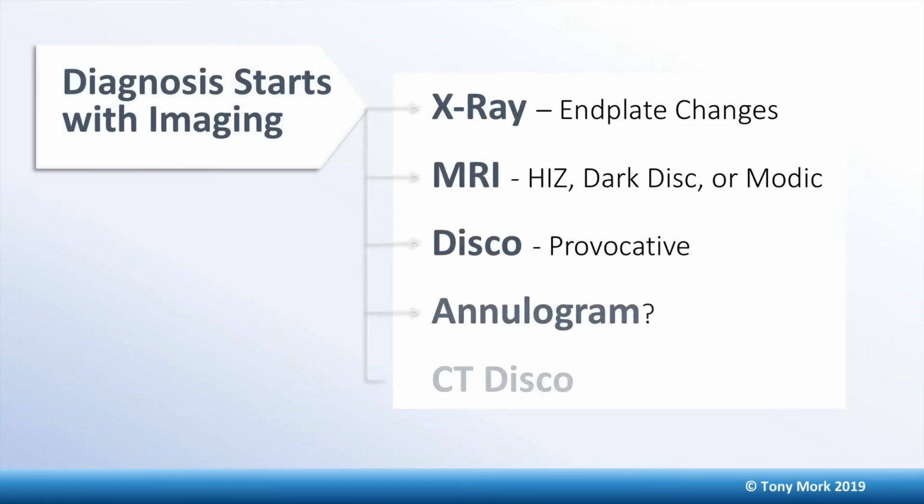So the diagnosis starts with imaging. On X-ray, you might see some end plate changes. On MRI, we can see the high intensity zone, HIZ, a dark disc, maybe Modic changes of the end plates. Then a provocative discogram, or annulogram, means we put some dye into the periphery of the disc, and then follow it with a CT scan.